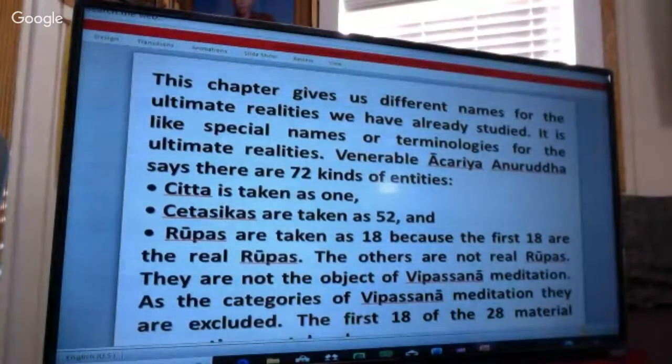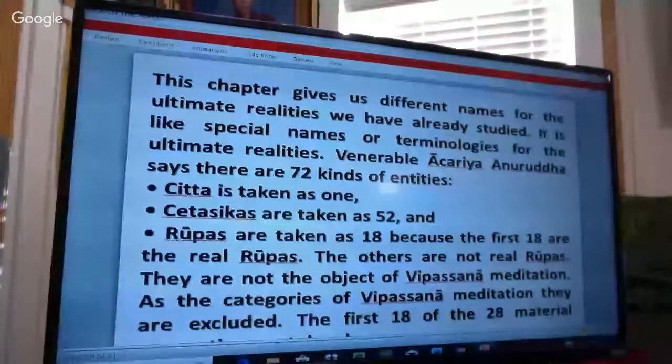But in this chapter, we count mind only as one, because in this chapter our focus is only the characteristic of the phenomenon. So mind has only one characteristic, which is knowing the object.